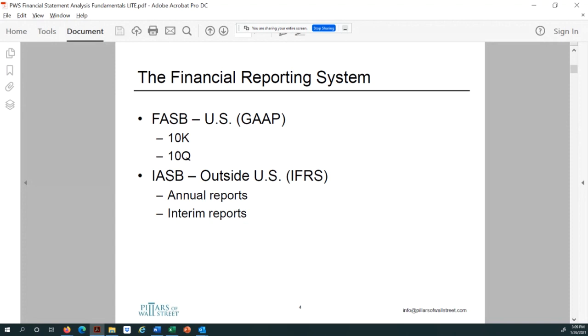The fiscal year typically coincides with a company's business cycle. Now you might be wondering, why would a company choose a year end date other than December 31st? Well, it depends on when the business cycle ends. Think about Walmart, Target, these retailers. They have January 31st fiscal year ends. Why?